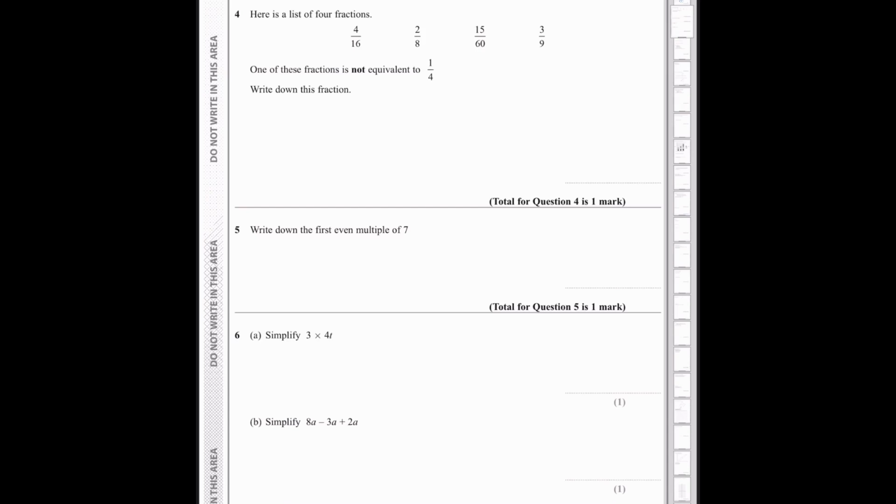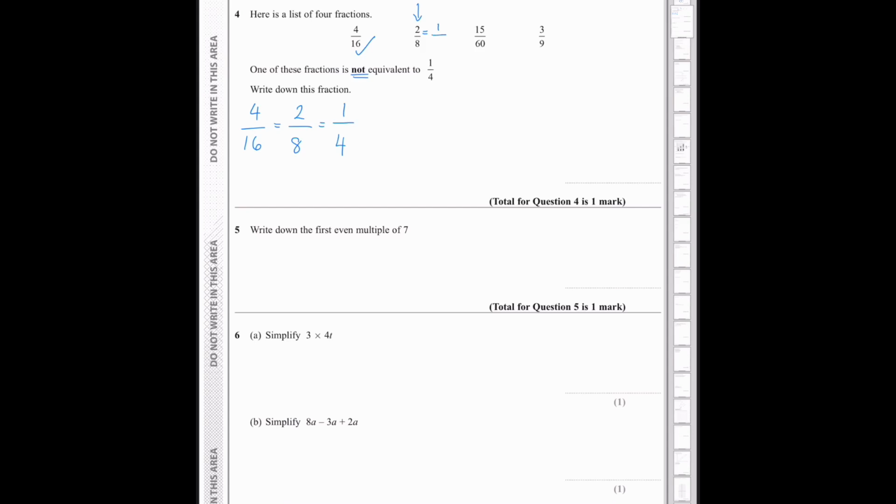So what I would do, if you're not sure, is go through each fraction and cancel it down. So 4 out of 16, I can divide by 2, so I'm going to half them. 2 out of 8, and divide by 2 again, 1 over 4. So that is equivalent to a quarter. We're trying to find the one that isn't. 2/8 then, let's look at 2/8. Well, that's quite easy.